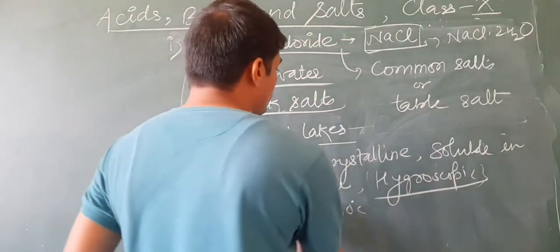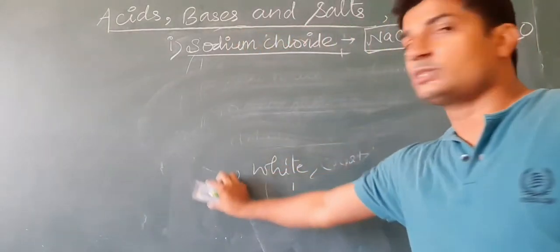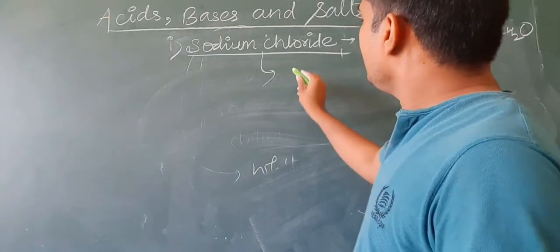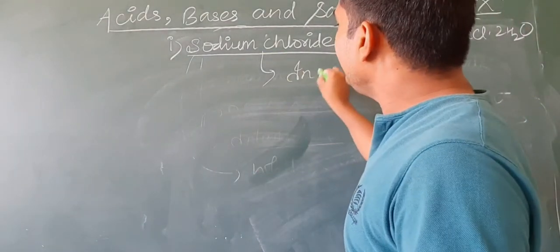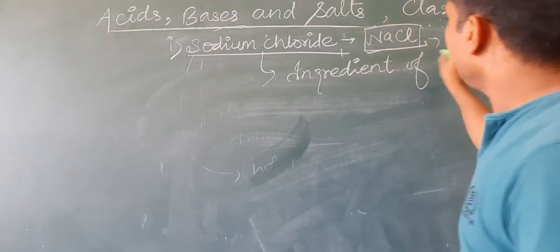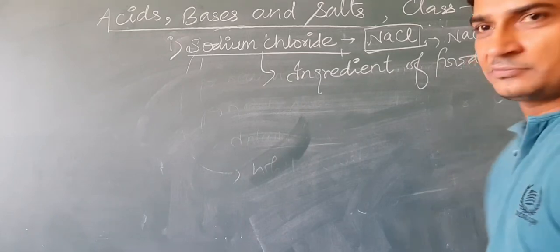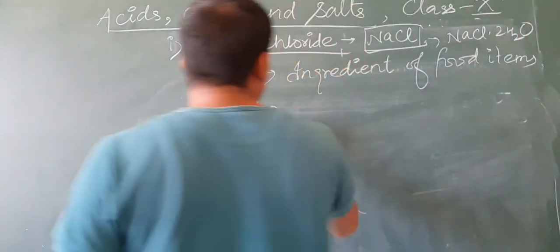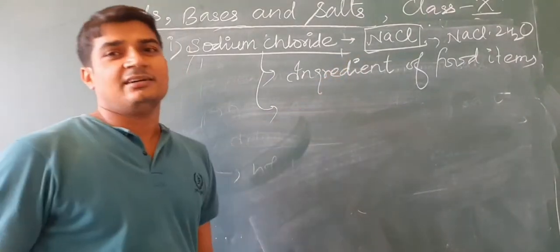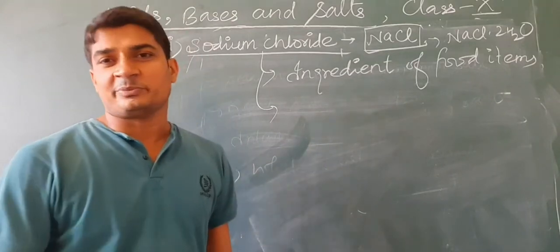What are the uses of sodium chloride? One use is as an ingredient of food items. In making vegetables, chapati, rice, etc., we use it to enhance the taste of the food.